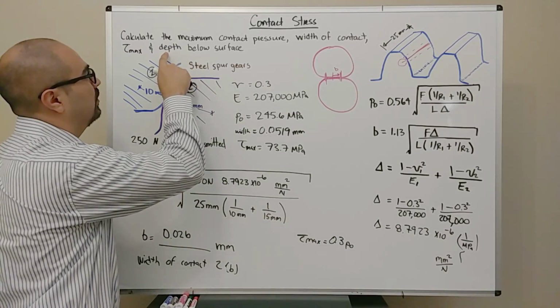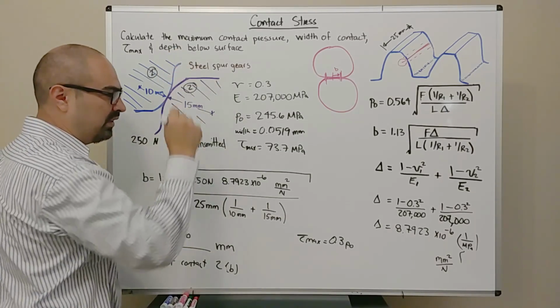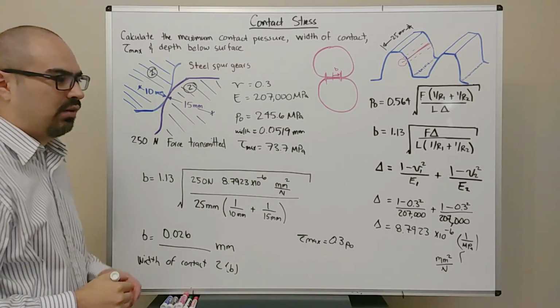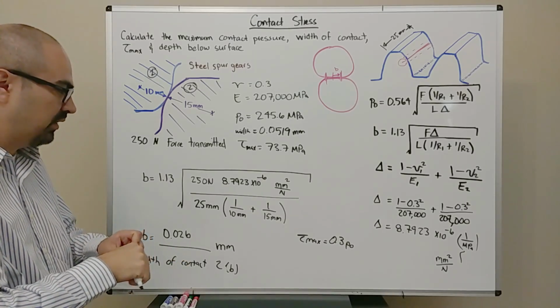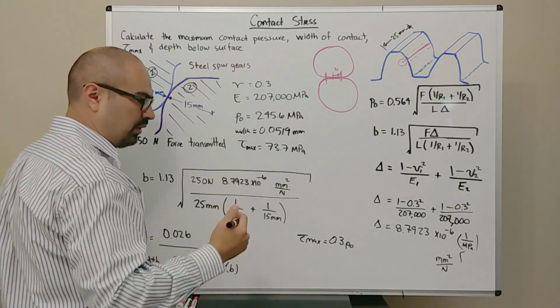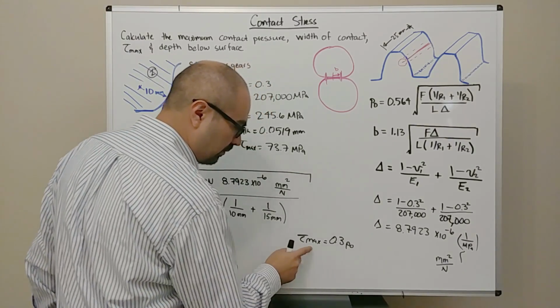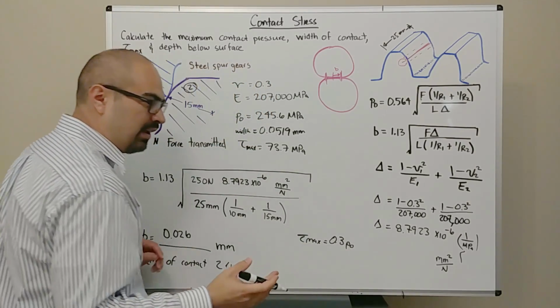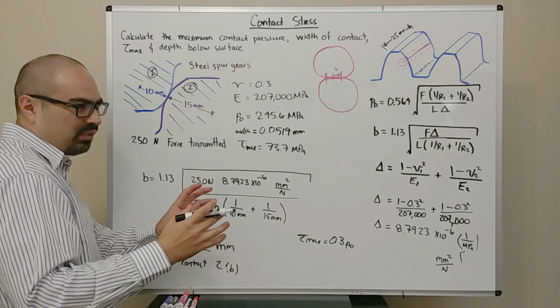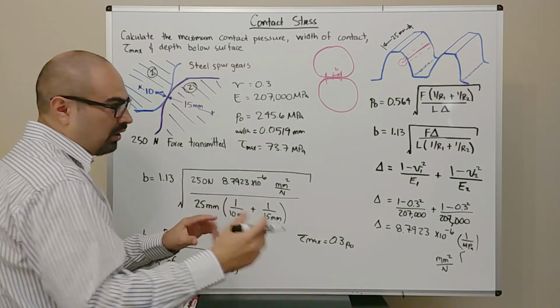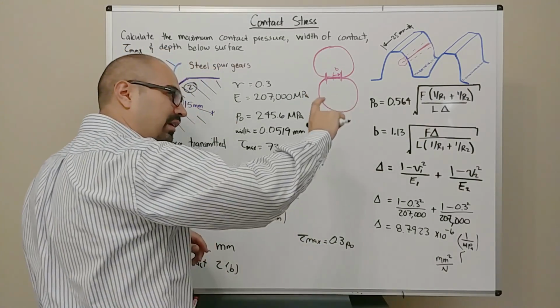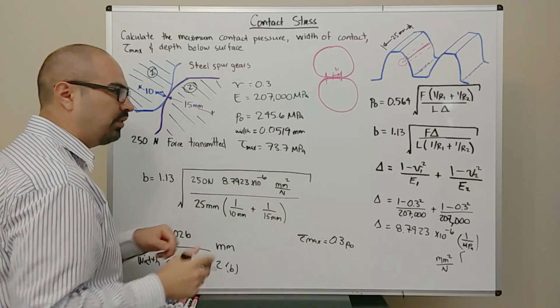Next, we need to answer the question of at what depth does this value occur? If we look at the plot for the stress distribution as a function of depth below the surface, we see that the maximum shear stress is going to occur roughly between 0.8 to 1 B depth below the surface.